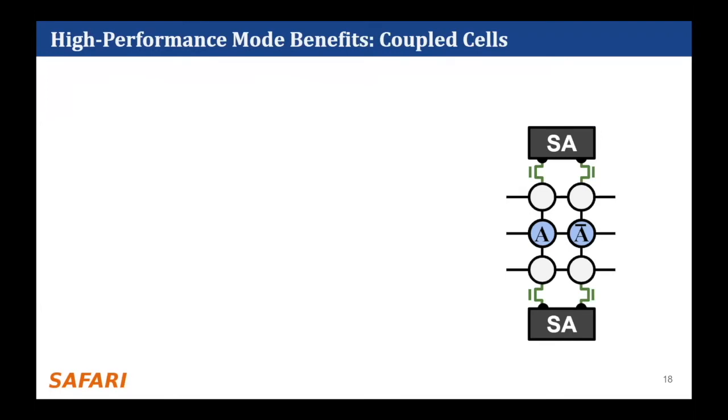Now I will give a brief overview of how these coupled operations in high performance rows reduce access latency and refresh overhead. I will start by describing what these two couplings enable respectively.